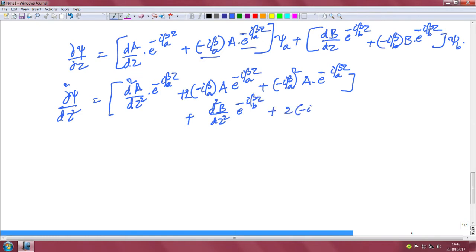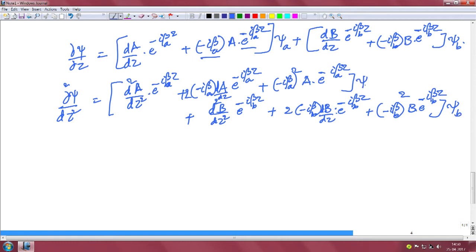Plus 2 into minus i beta b into dB by dz into e power minus i beta b z, plus minus i beta b whole square into B into e power minus i beta b z of psi b.